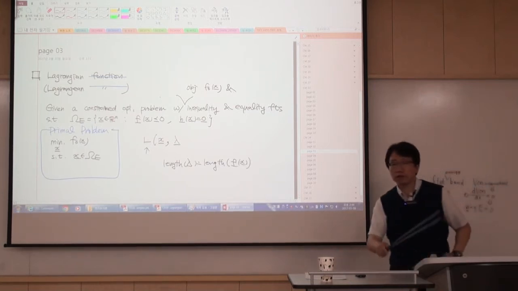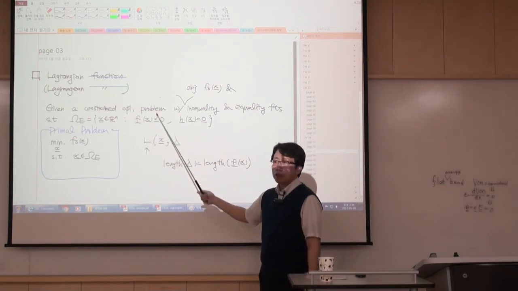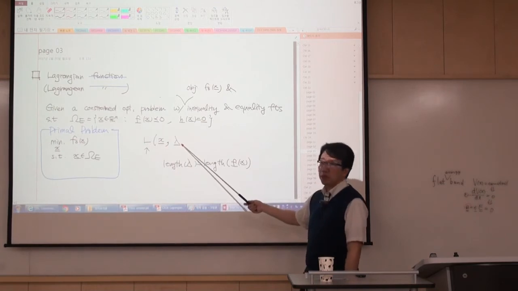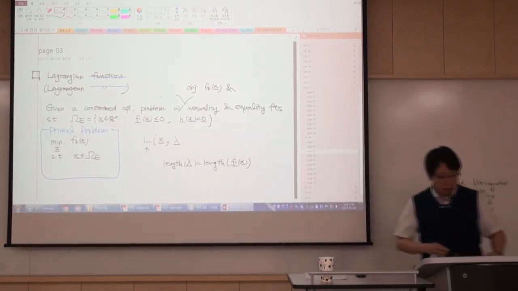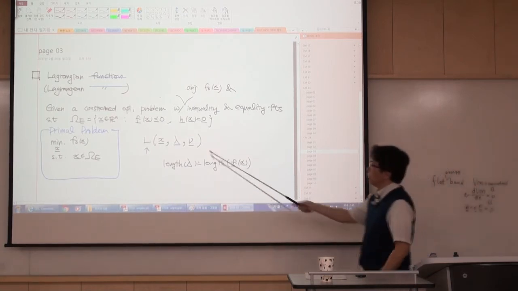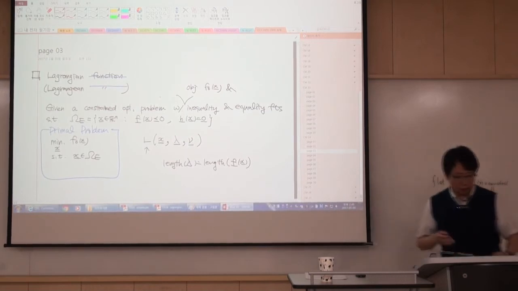So if you have p inequality functions, then your lambda is p by 1. And also you have another parameter nu that has the same length as h.